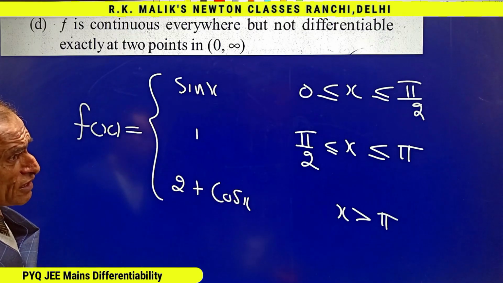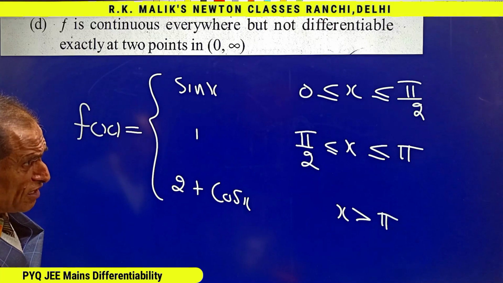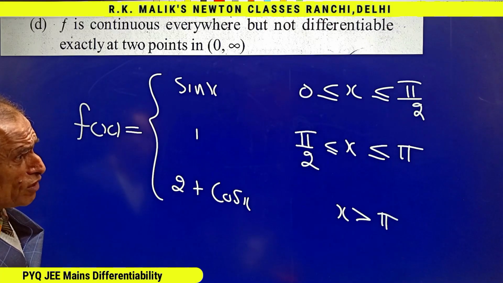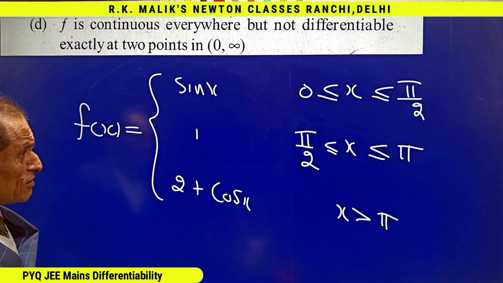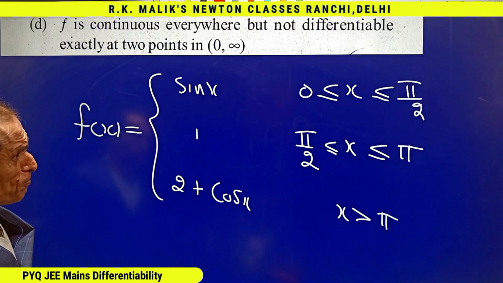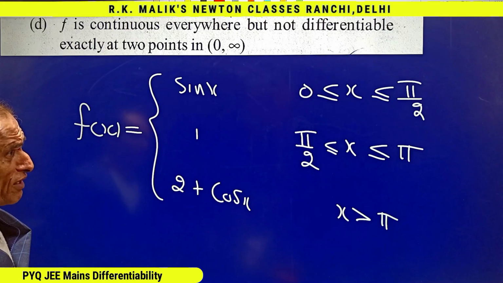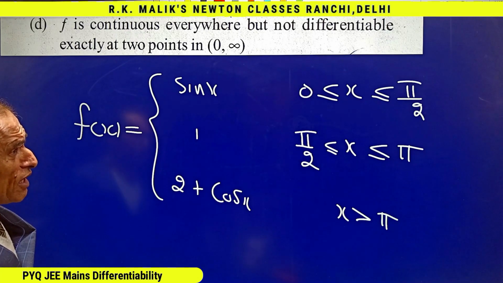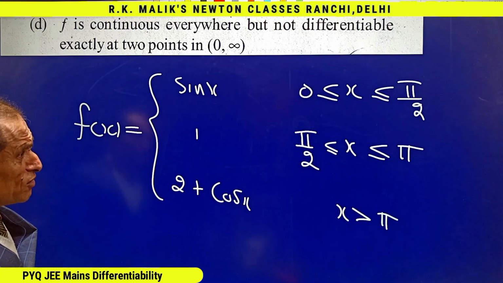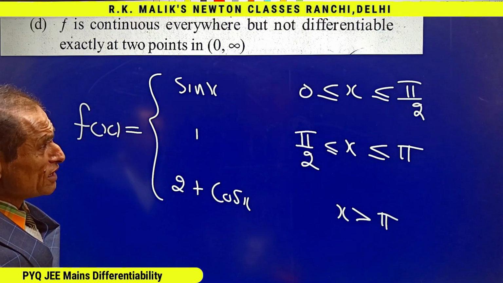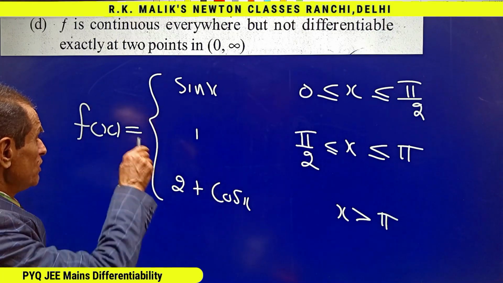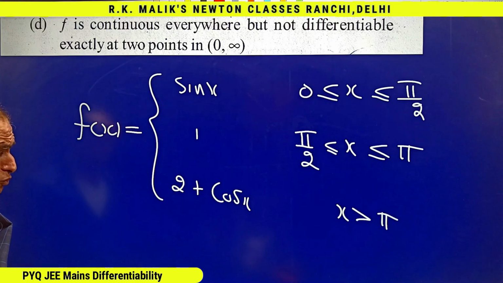Hence, non-differentiability, if it is there, can be only at pi by 2 or pi. Now let us discuss the differentiability at pi by 2 and pi. For pi by 2, to find the left hand derivative, I will not be using the proper formula because it is easier to use the shortcut way of finding the derivative of f(x) at pi by 2.